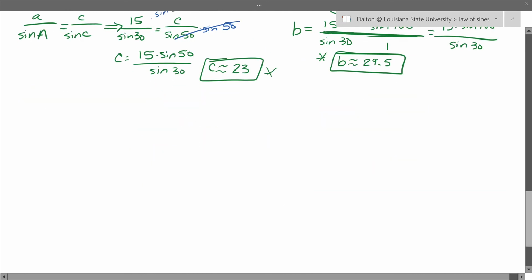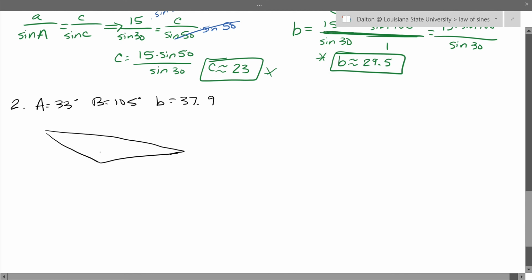Let's do one more. Example 2. If I tell you that angle A is 33 degrees, angle B is 105 degrees, and side B is 37.9, again, let's draw a triangle to represent this scenario.